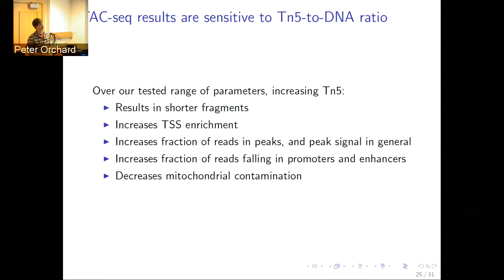But in general, in the range that we tested, we saw that increasing the enzyme really shifts the fragment length distribution, and you see an increase in TSS enrichment, fractions of reads in peaks, fractions of reads falling into enhancers and promoters, and a decrease in mitochondrial contamination as well. There are a number of other QC metrics that correlate as well. And so if you have any interest, you can look at the manuscript in review when that comes out.